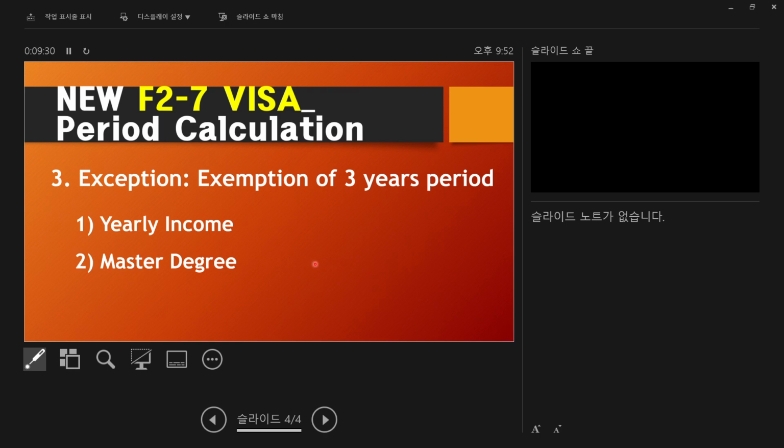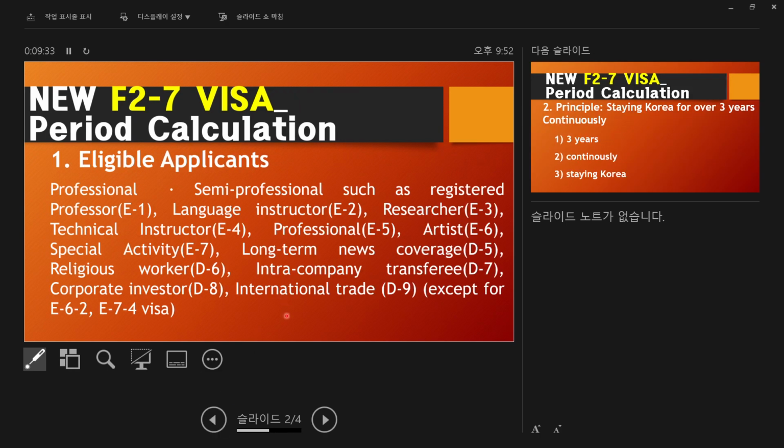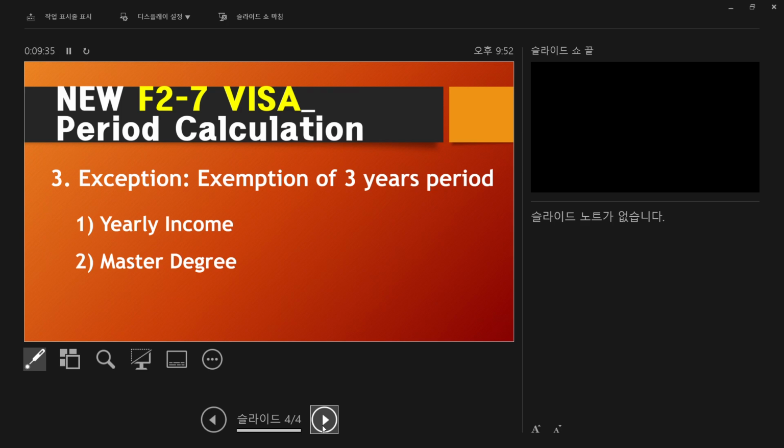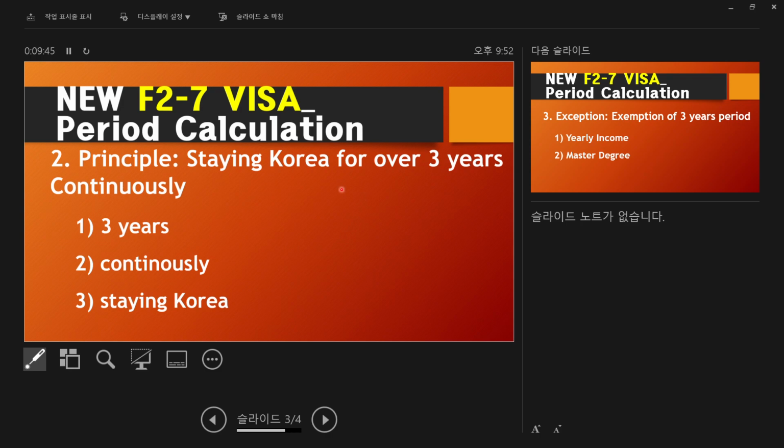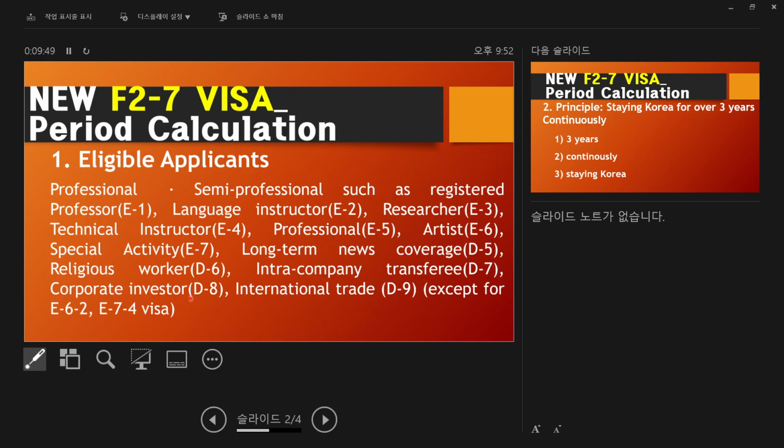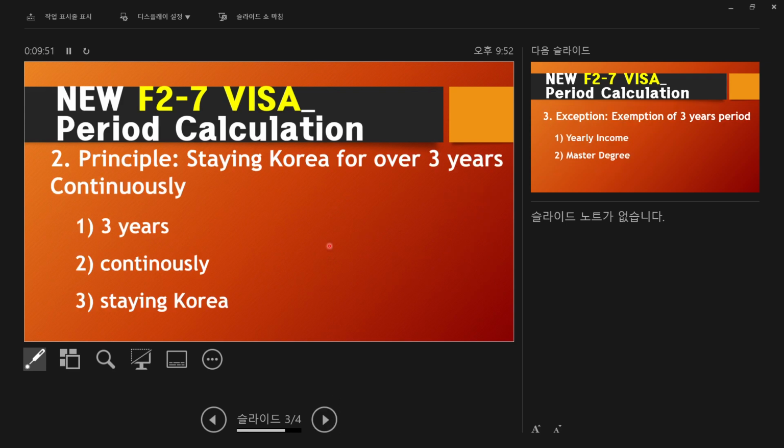At that time, if you got this visa, you don't need 3 years from E7. Can you understand? Okay, in summary, one more time. If you want to change to E7, you have to hold one of these visas, and you have to wait 3 years from the date of issuance of your ARC. Exactly, right?